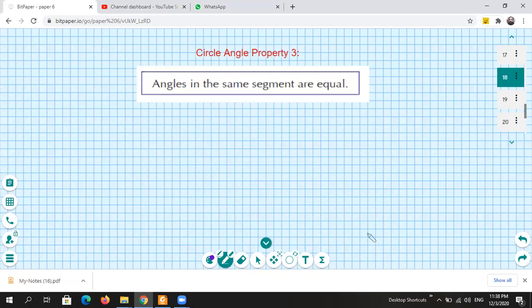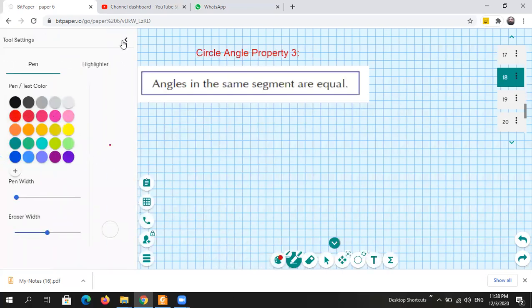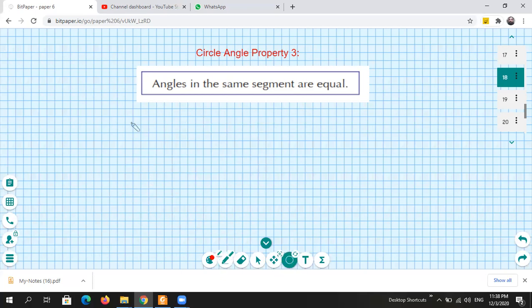Circle angle property number 3. Angles in the same segment are equal. Okay, let me explain by drawing a diagram of a circle.